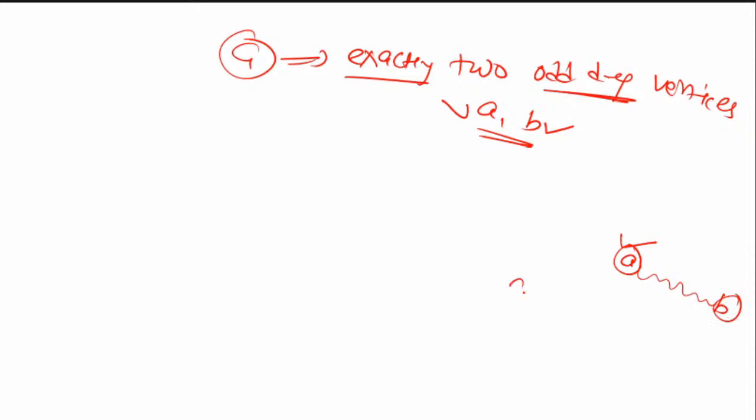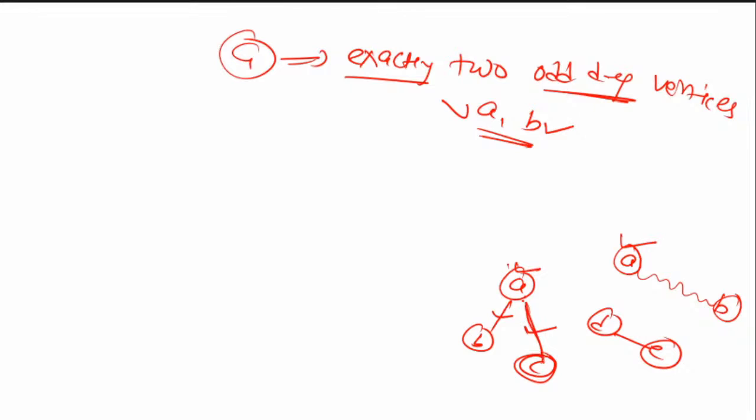For example, consider this graph with a, b, c, and this other component with D. In this graph, we have a path from A to C, because from A I can go to C. From C I can go to B by taking this edge. So this is a path from B to C. But how can you go from A to D?